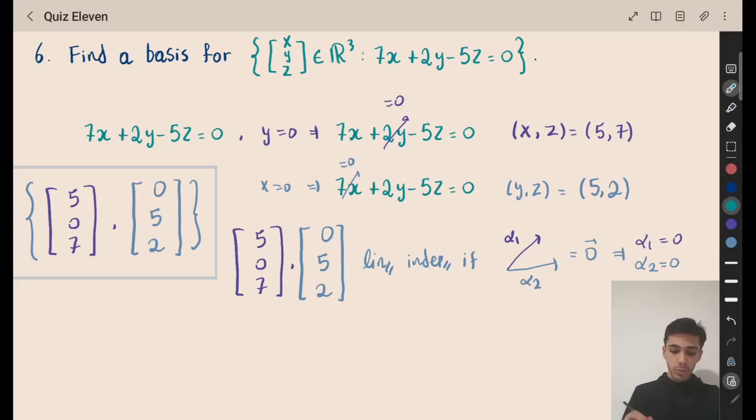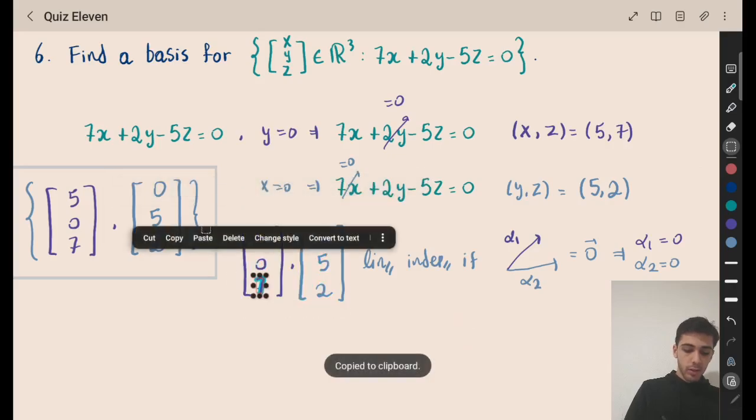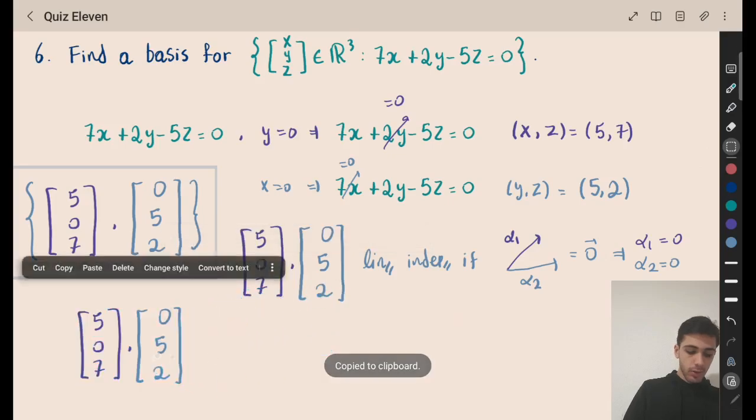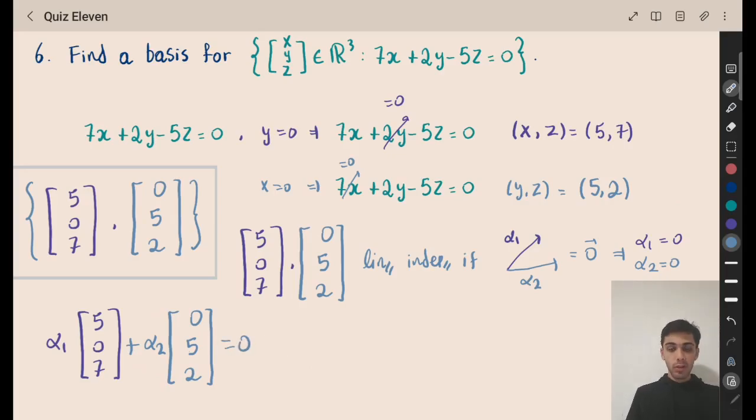So let's assume that there is a scaling which I can scale the first vector by and the second vector by, separately, to get 0, 0 in the sense of the 0 vector. That's why I put this here.